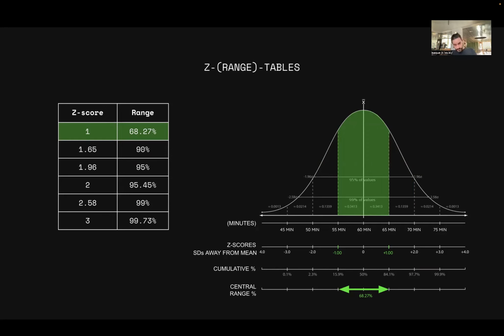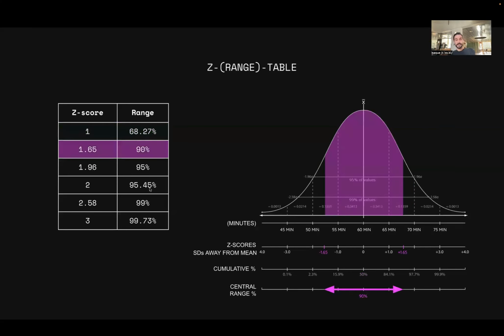So the range of z-score 1, meaning the range from minus 1 z-score to plus 1 z-score, accounts for 68.27%. Please notice that this is not the cumulative percentage. This is what I'm calling now the central range percentage. It's different than the cumulative percentage because it's the percentage that the painted area accounts for, yes, but it's the central one. It's not starting from the beginning.